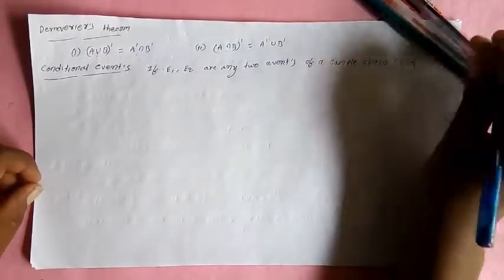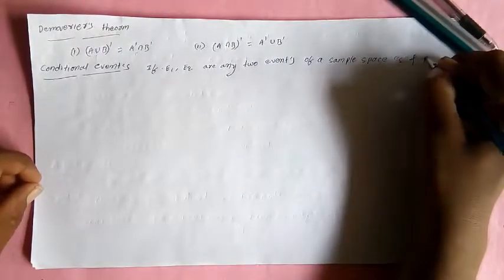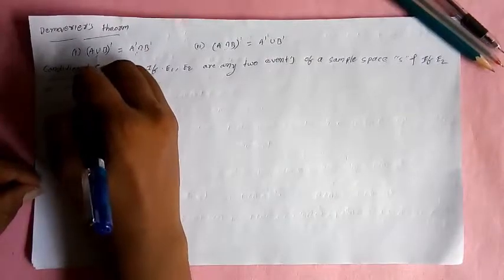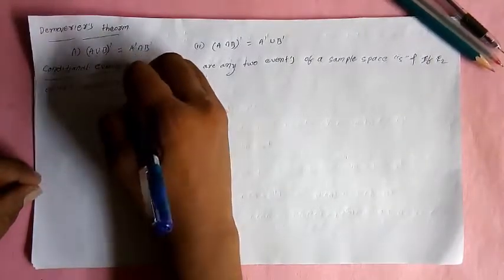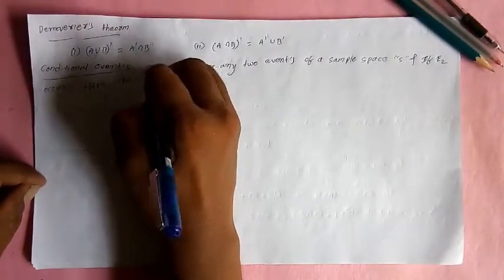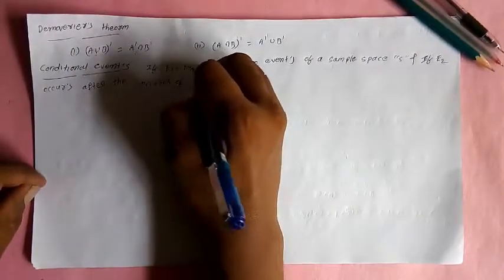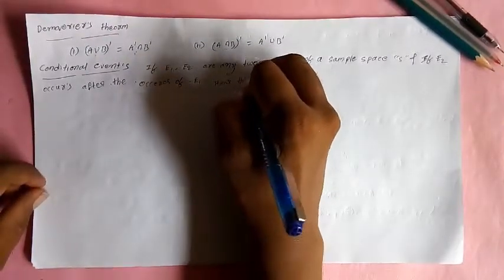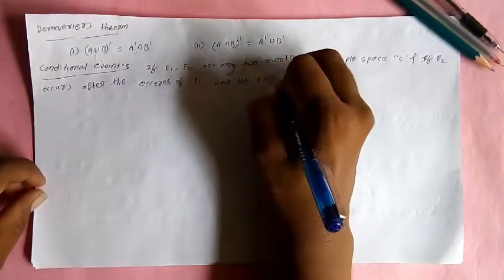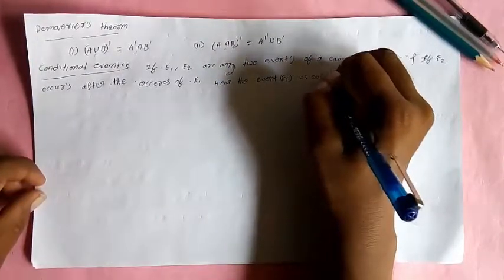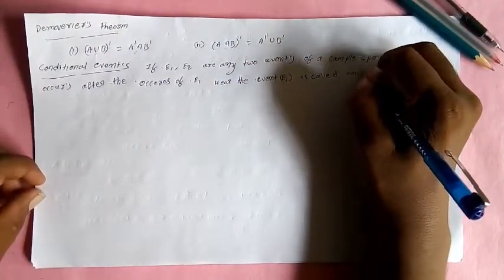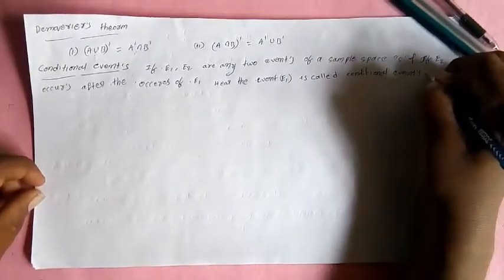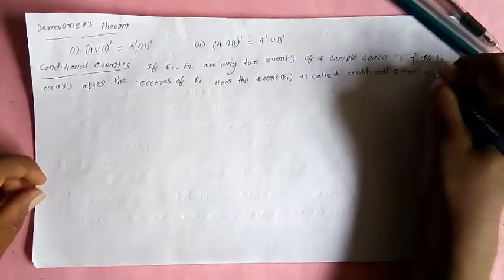and if E2 occurs after the occurrence of E1, here the event E1 is called the conditional event of E2.